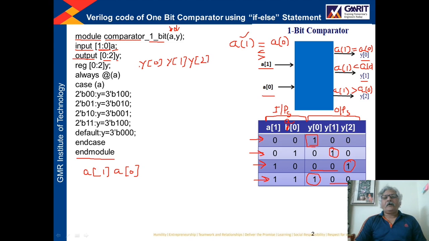So these three elements of Y will be created in this sequence, right? Because we have created the output vector as 0 colon 2, first Y0 will be there and then Y1 and Y2.